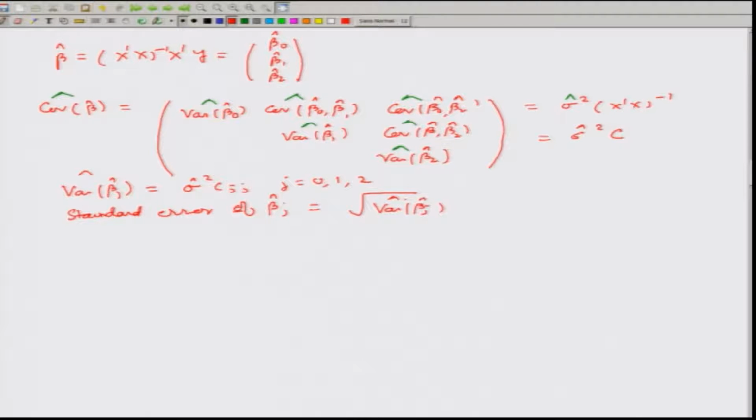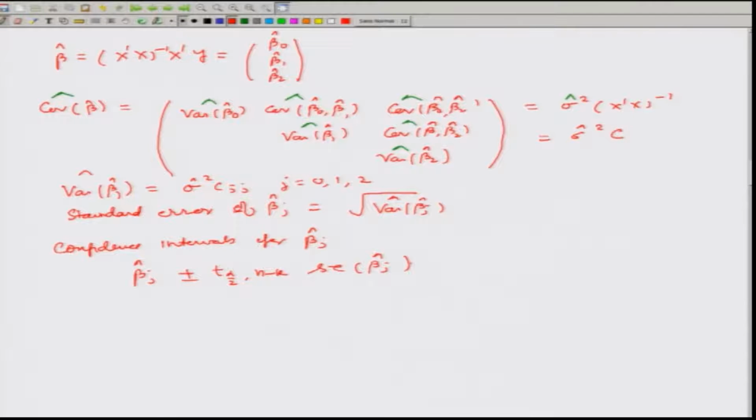Okay. Then we also had obtained the confidence interval. The confidence interval for beta hat j was obtained as beta hat j plus minus t alpha by 2, n minus k, times the standard error of beta hat j. Okay.